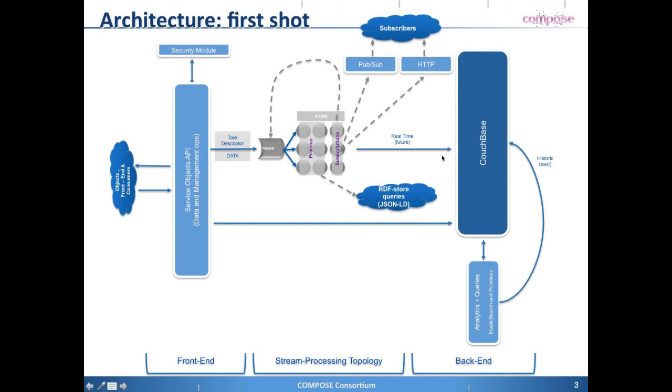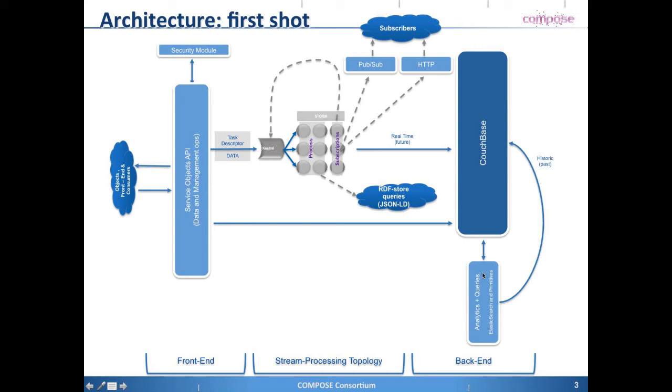So in the backend, we have Kestrel as a queuing system for keeping temporary updates that come from the clients, and then we have Storm, the Twitter Storm platform, that is the platform that we are using for processing the data streams. So based on the entities that are subscribed to updates from this data feed, it dispatches the information to external or internal entities and then also stores the data.